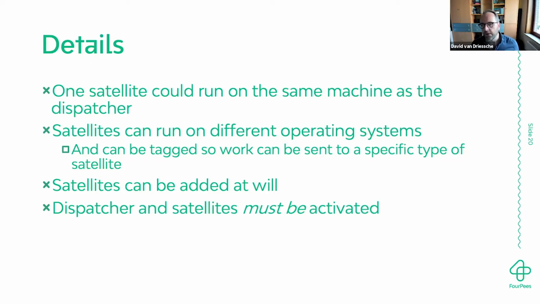So you install one satellite on Windows, the rest on Linux, and when Office documents come in, you tell the dispatcher that this job should be handled on a Windows client. And then that job will go to one of the satellites that is tagged with the Windows tag. That's one example of doing that.